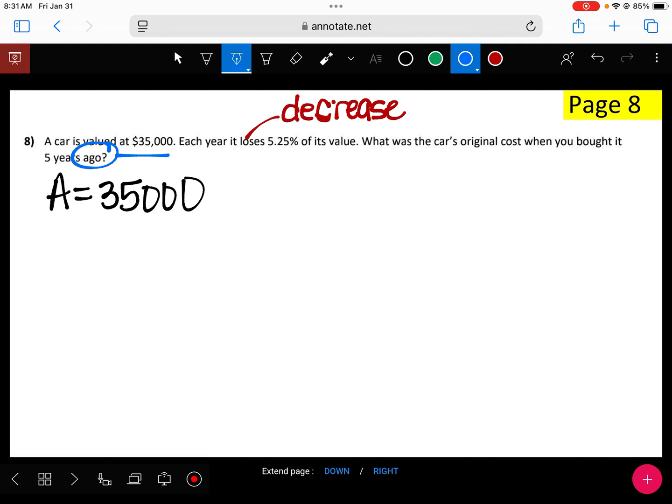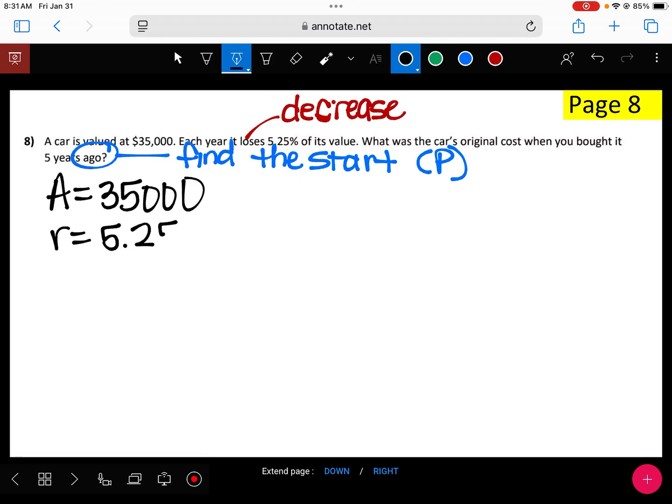Again, this word ago is telling me that I'm trying to find the start, which is our P value. So A is 35,000. R, you're going to take 5.25 and divide it by 100 in your calculator. Go ahead and do that to get your R value.